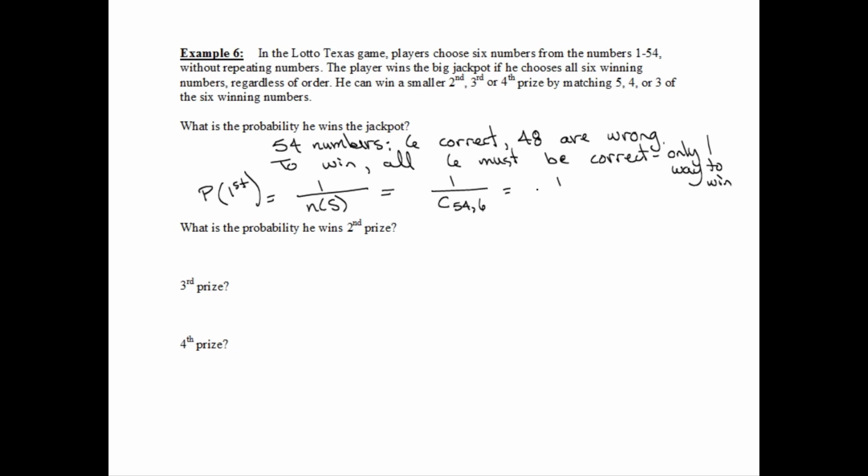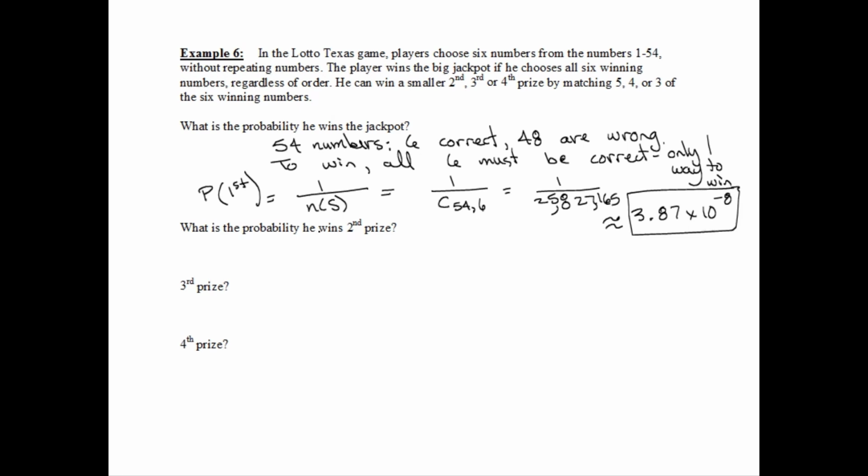So 1 over 25,827,165. And so that gives me about 3.87 times 10 to the negative 8. Not ways to win, but that's the probability of winning.